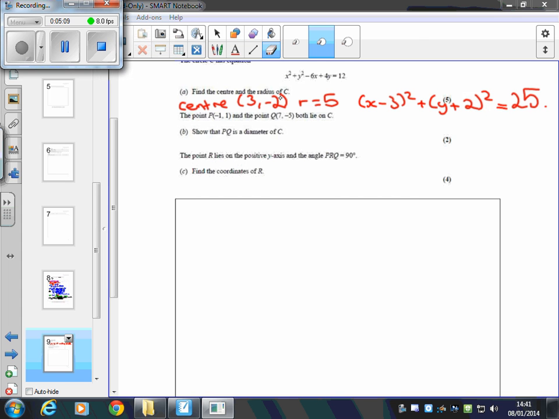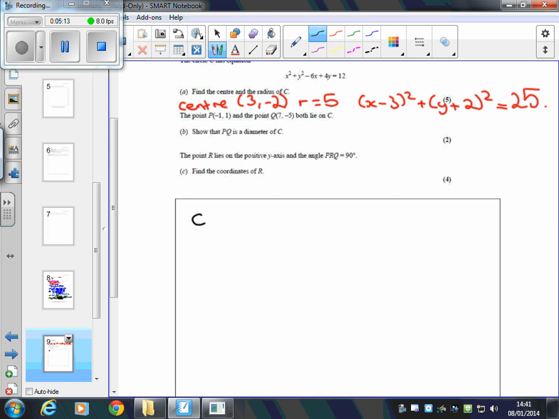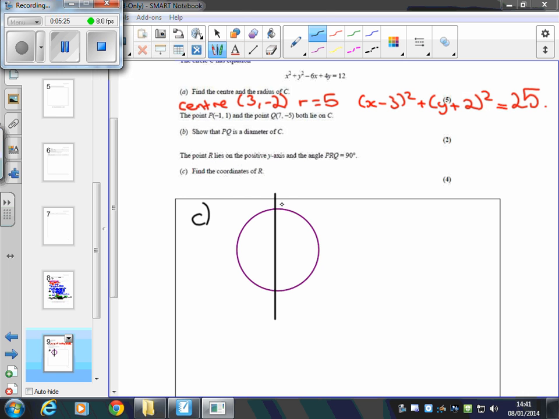So moving on to part C, I think the easiest thing to do here is to draw a diagram of the circle. So here is my circle, and here is my y-axis, because we're told that the point R lies on the positive y-axis and the angle PRQ equals 90.